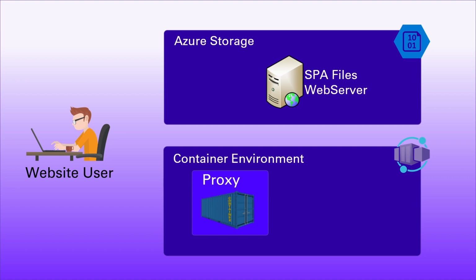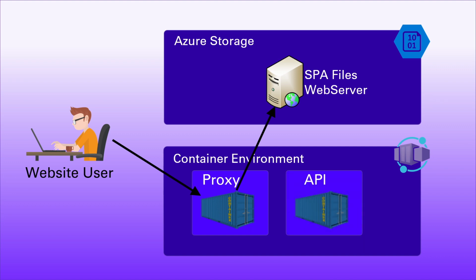Because we've got that accessible to us, requests that come in from our user go via our proxy server, and our proxy server forwards those requests across to the Azure Storage web server to serve out our front end to our end user. So this would be when their initial call comes in and they're downloading all of the static assets and everything like that. This is the route that they would take for that.